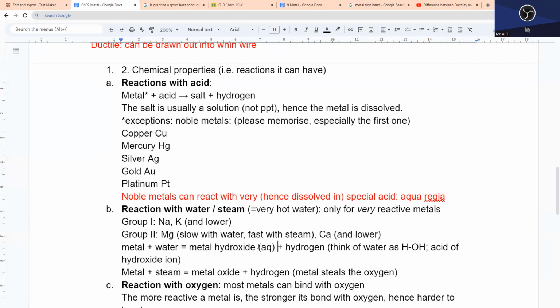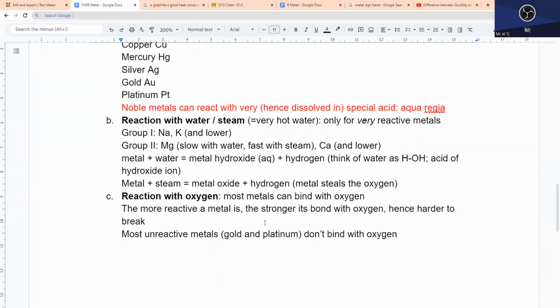Now, the last topic we're going to have is about oxygen. Most metals can bind with oxygen. I say most again, right? Because there are some metals that refuse. In chemistry, oxygen is a reactive species. Oxygen by itself is actually an unstable substance.